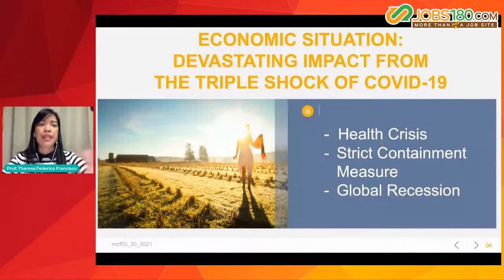Now, the Philippine economy entered a recession in the first half of 2020 as the COVID-19 pandemic delivered a triple shock of health crisis, strict containment measures, and a global recession of unprecedented scale. The economic activities contracted sharply in the first three quarters of 2020 amid the demand and supply shocks brought by the pandemic.